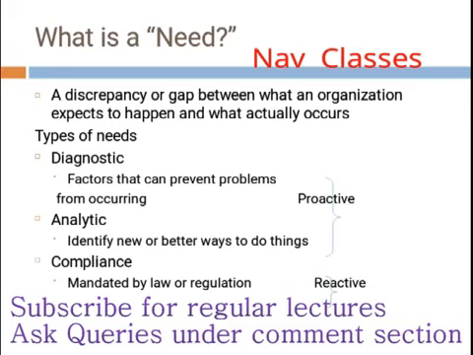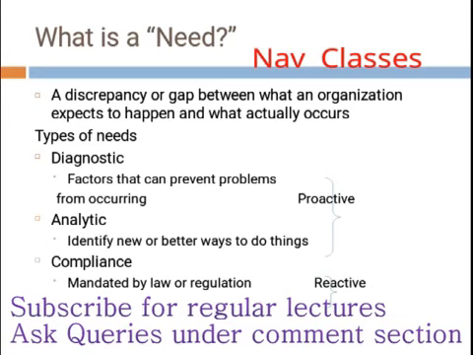But reactive means the problem occurs, the problem is already there in the organization, and then there is a need to solve that problem. So under reactive, the problem is solved after the problem has already occurred, after the problem is existing in the organization.